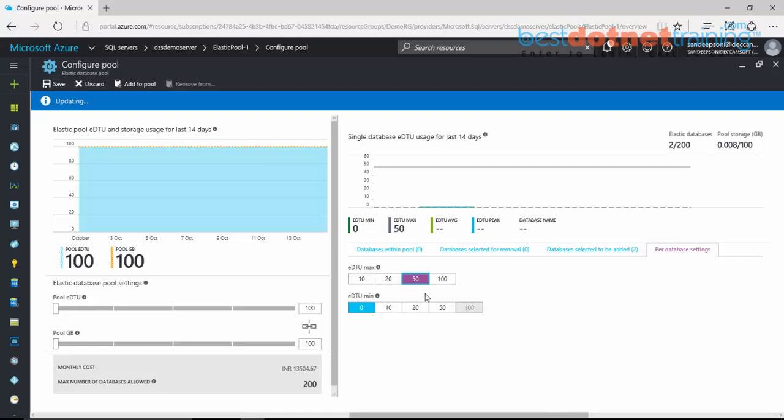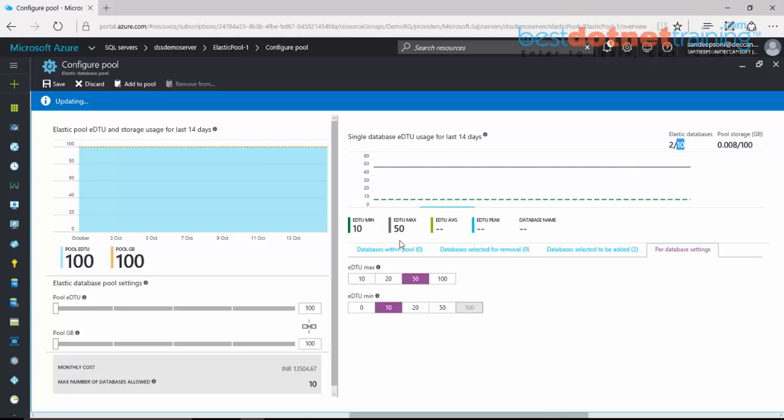I can say the maximum per database can have is 50 and the minimum I'll restrict is 10. So at any point of time, I'm ensuring that two databases each can use up to 50 each. And this is based on the pricing tier which I have chosen at the time of creating the pool.